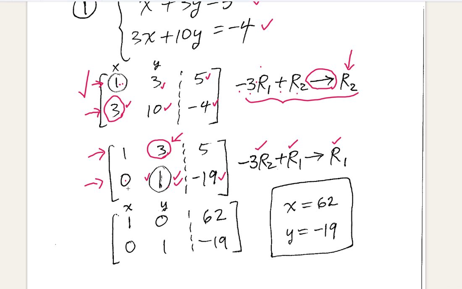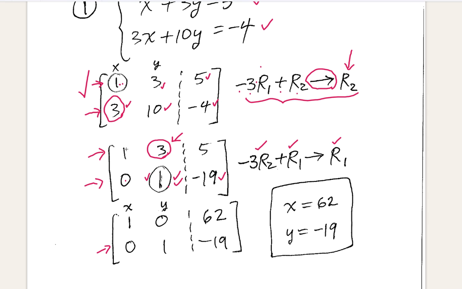Now let's pay attention to what's happening with this 0 here. When I go negative 3 times the 0, I get 0, and I add it to the 1, I still get 1. So you see my first column is not messed up. It's still 1, 0, like I like it. I'm not changing the second row at all, so when I wrote it down, I just wrote the 0, 1, negative 19, and the first row up here is the one being changed.